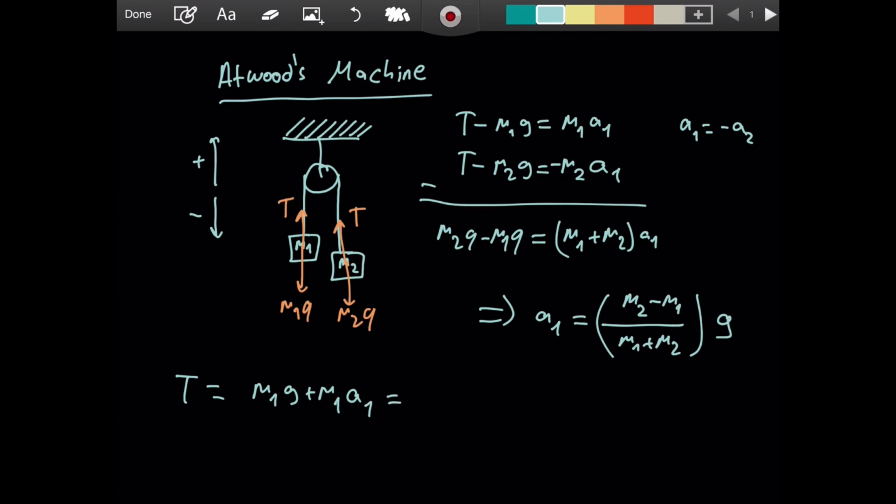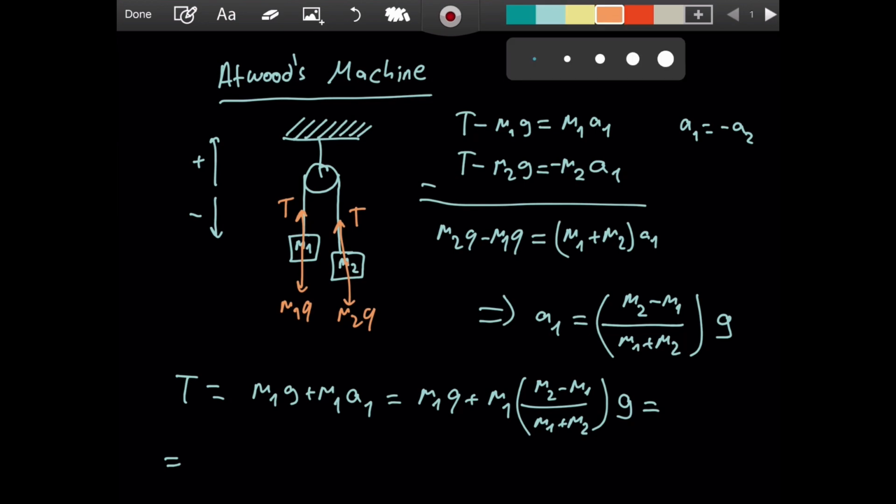This is going to be equal to M1G plus M1, and I'm going to substitute the acceleration value that we just found, M2 minus M1 over M1 plus M2, and then G. Well, if we were to combine all of these under one common denominator, I'm going to multiply the first term by M1 plus M2.